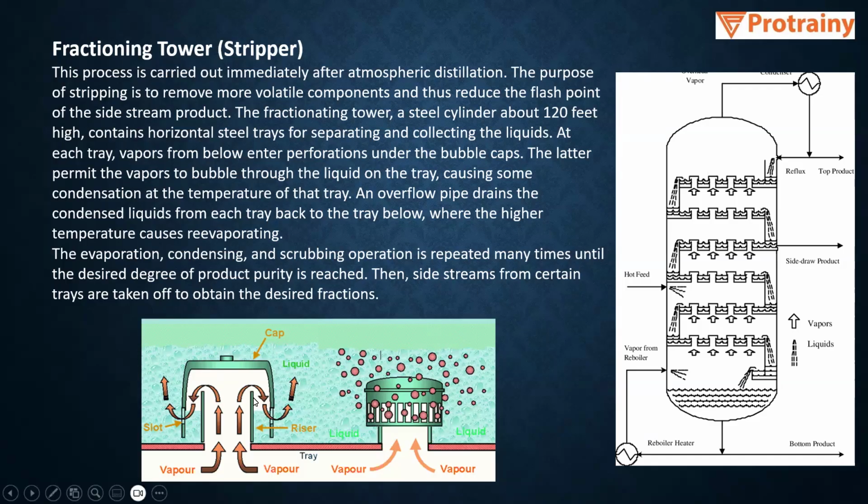Okay, it has a steel cap and a tray, so it is heated, and then using repeated condensation within that temperature range, the various components of the crude oil are extracted from the fractionating tower.